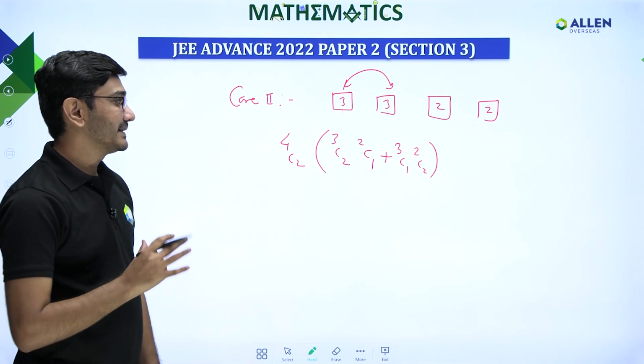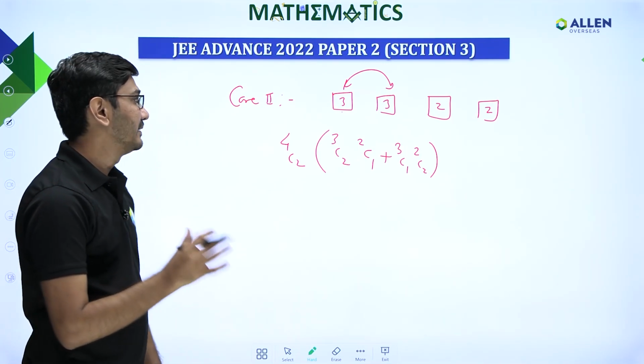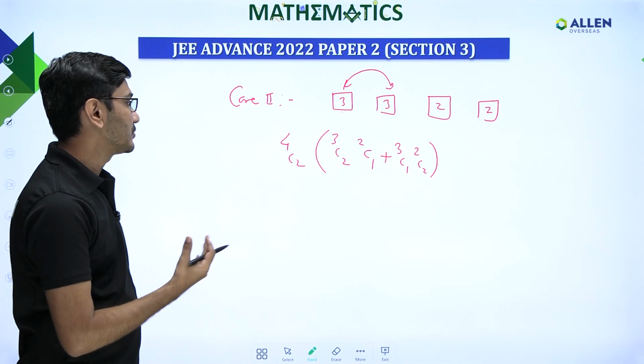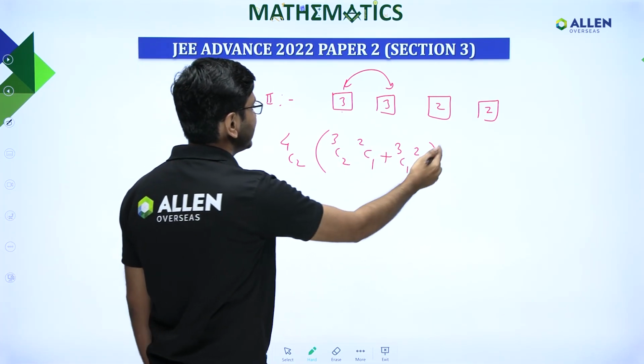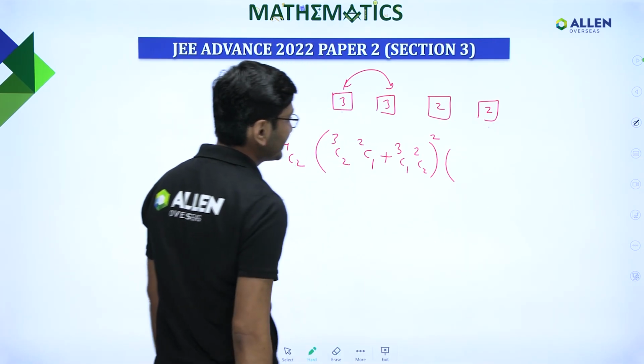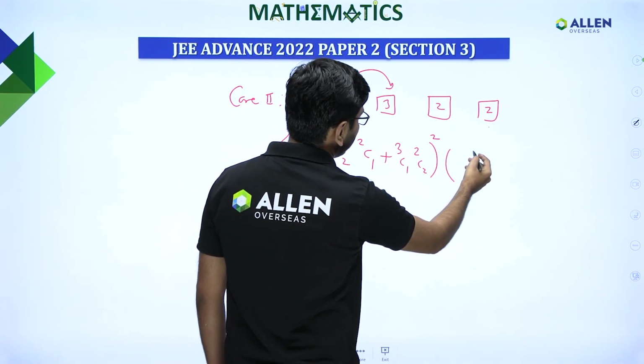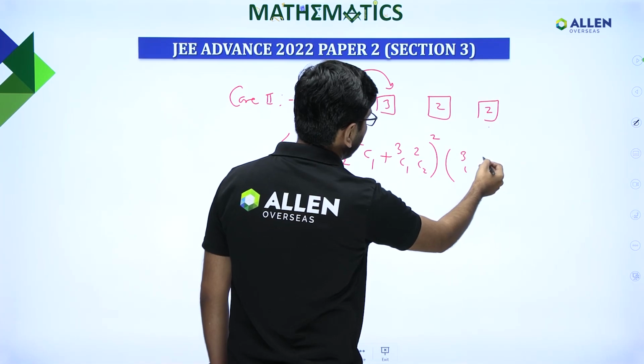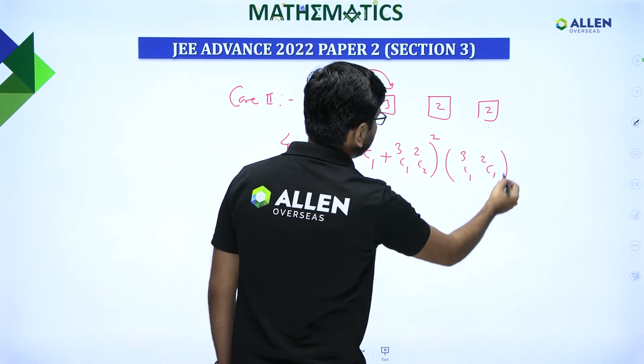So, these are the 2 cases you may get for choosing 3 balls from these 2 boxes, but this will happen twice, therefore I will take the square, and these 2 balls from the remaining 2 boxes can be done in 3C1 and 2C1, and its square.